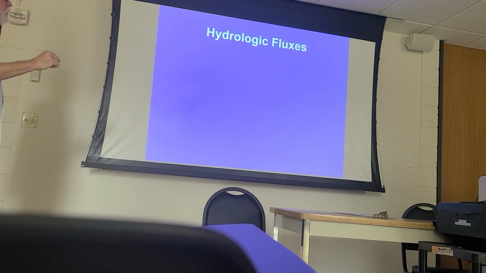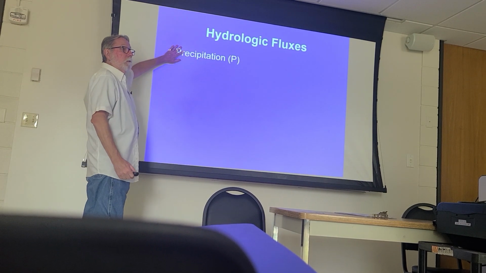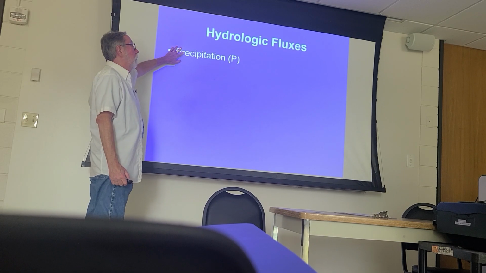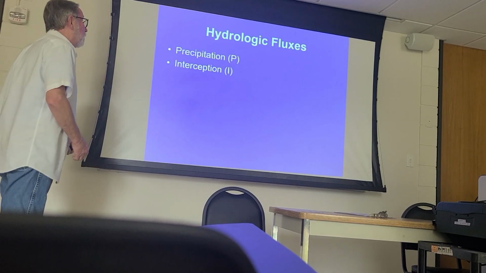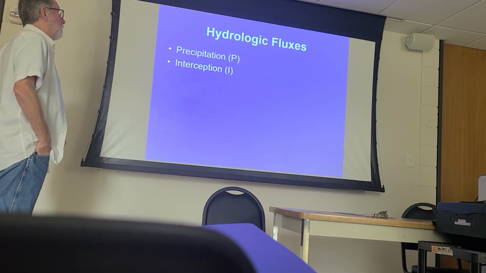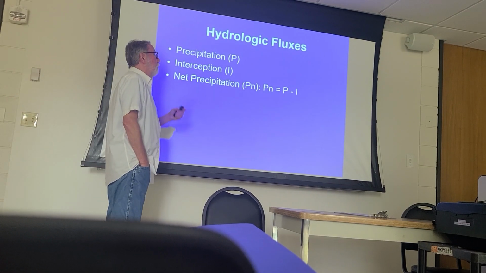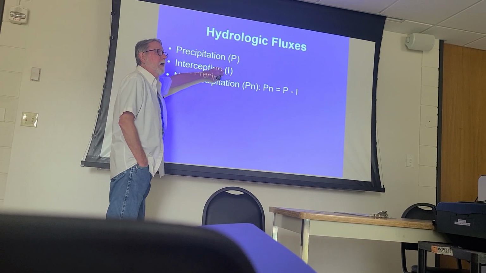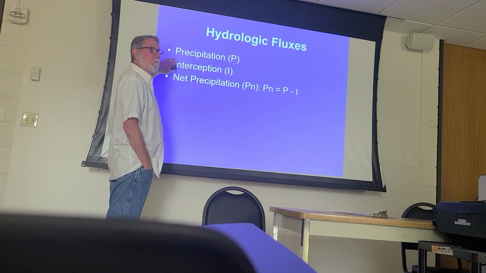Okay. So for example, first thing, precipitation. That makes sense, that should be in a wetland budget, and it's indicated by a P. Interception, indicated by an I. Now notice, in wetland budgets, if you think about it, I is not important, because I is water that never gets to the ground.